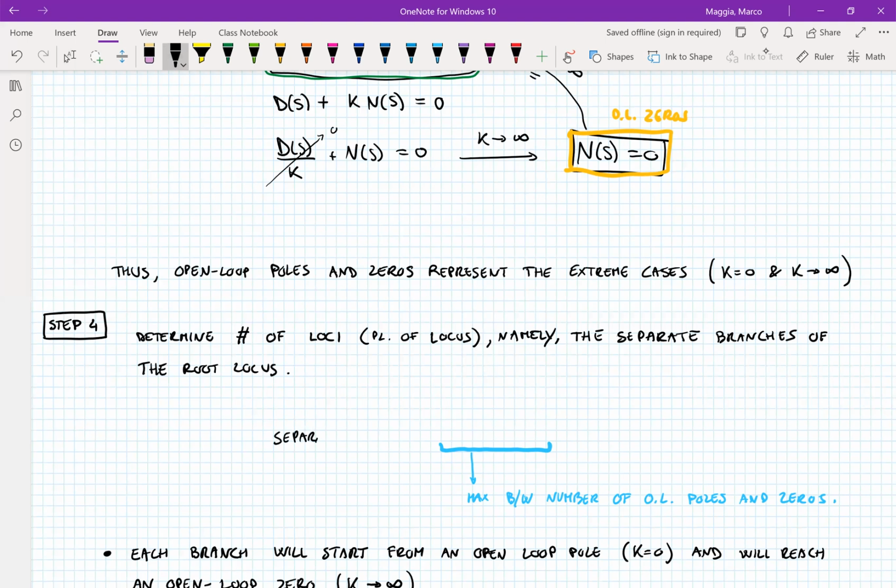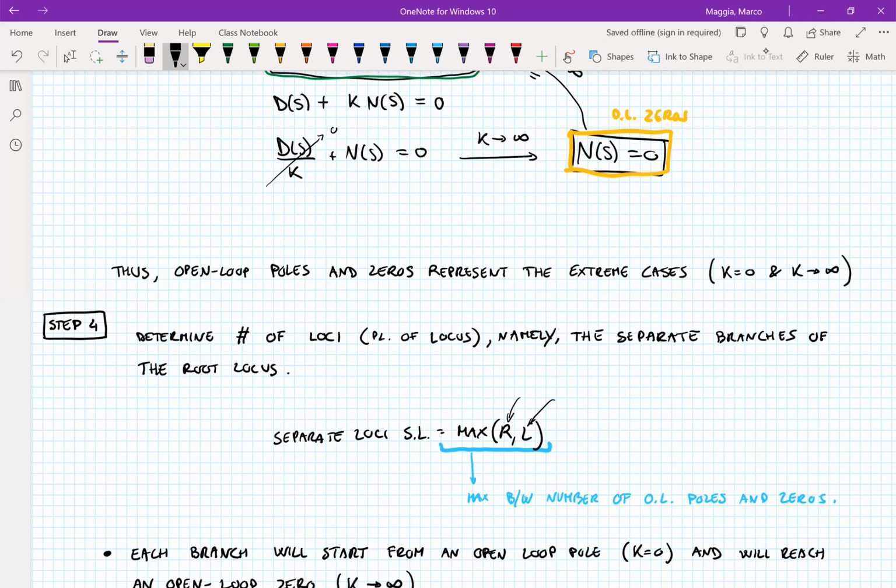The number of separate loci, which I'm going to abbreviate with SL, is going to be the maximum between the open loop zeros and the open loop poles. Remember, we used capital R for the number of open loop zeros and capital L for the number of open loop poles. So the maximum between the two will determine the number of branches. If we have one open loop zero and two open loop poles, the maximum between 1 and 2 is 2. So we have 2 separate loci, or 2 branches of the root locus.